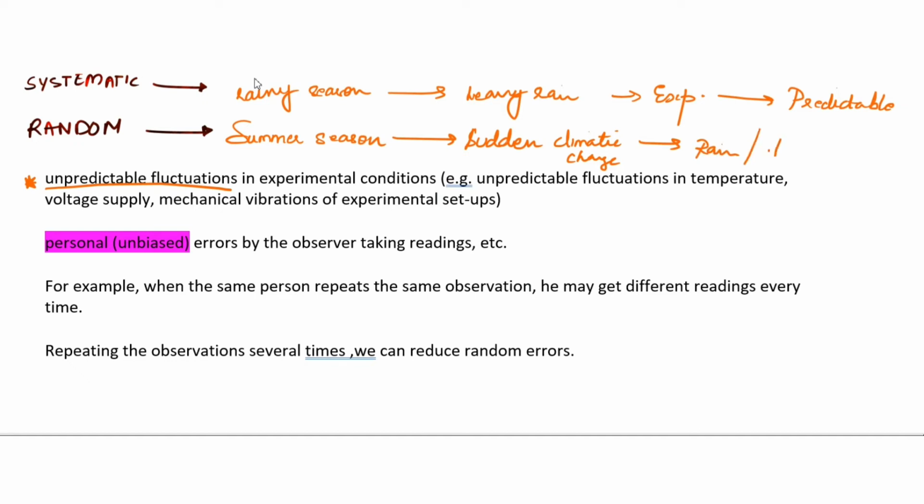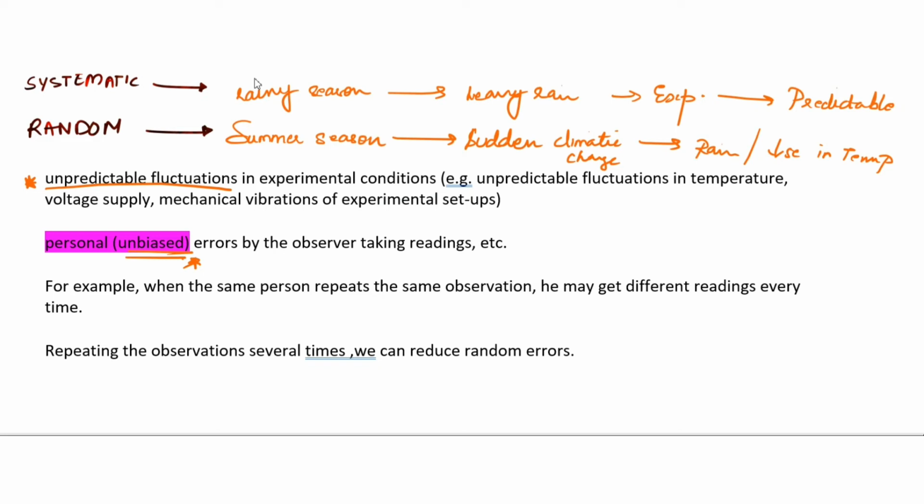Okay. The next type is unbiased personal error. The word itself tells you that it's not biased. We don't know. So this type of personal error is due to the readings that we take, by the observer taking readings and so on. So it is unbiased. So here you should know the difference between biased and unbiased.